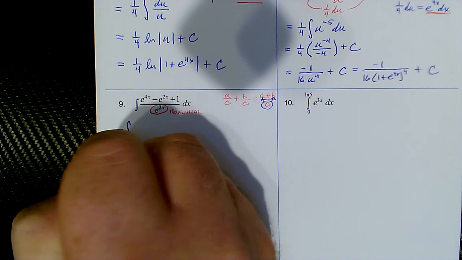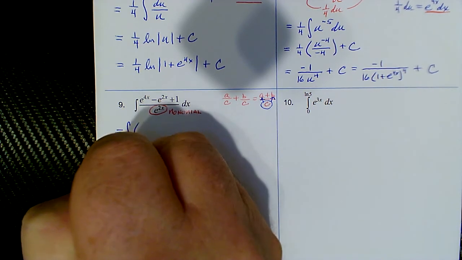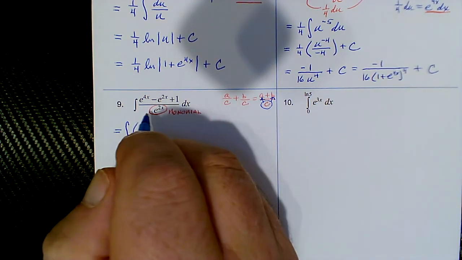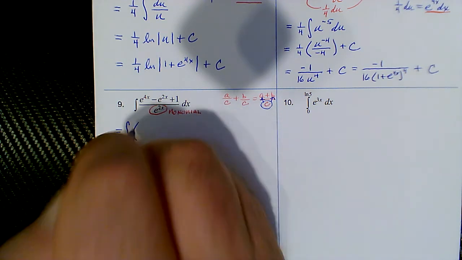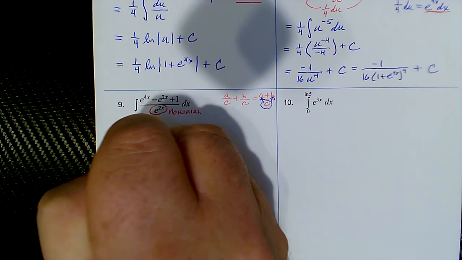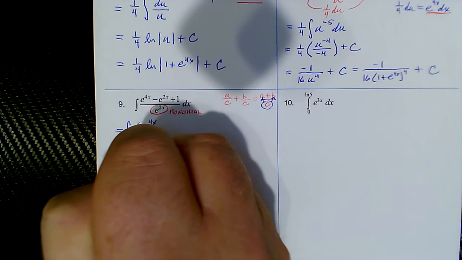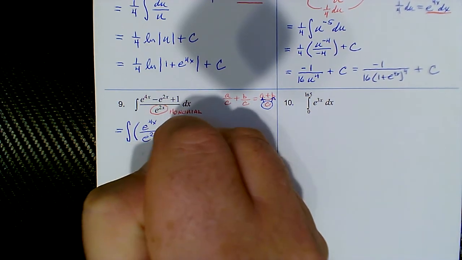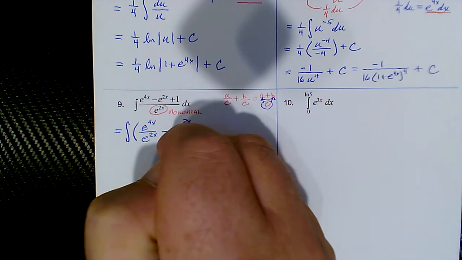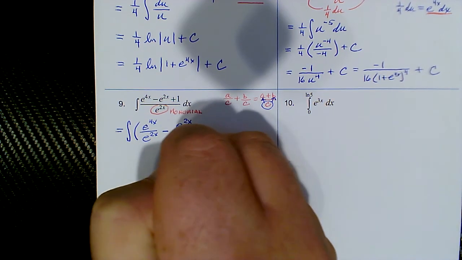Now, after I write the integral symbol, I'm going to need a set of parentheses because I'm about to separate this into 3 terms. And everything's going to get divided by e to the 2x. So e to the 4x gets divided by e to the 2x. And then we have minus the e to the 2x gets divided by e to the 2x.